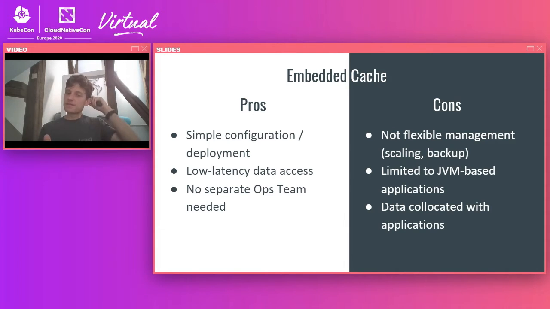And the last downside is that data is collocated with your application, which may be a bad thing or not such a big deal. That will depend on your enterprise. From our experience, big enterprises don't want to have their data together with the application, even if it's just a cache. They just want it separate.